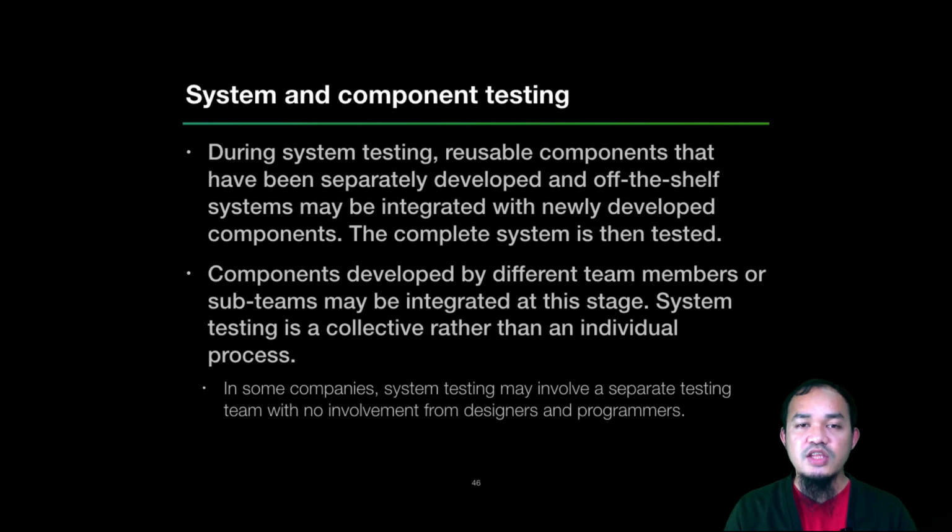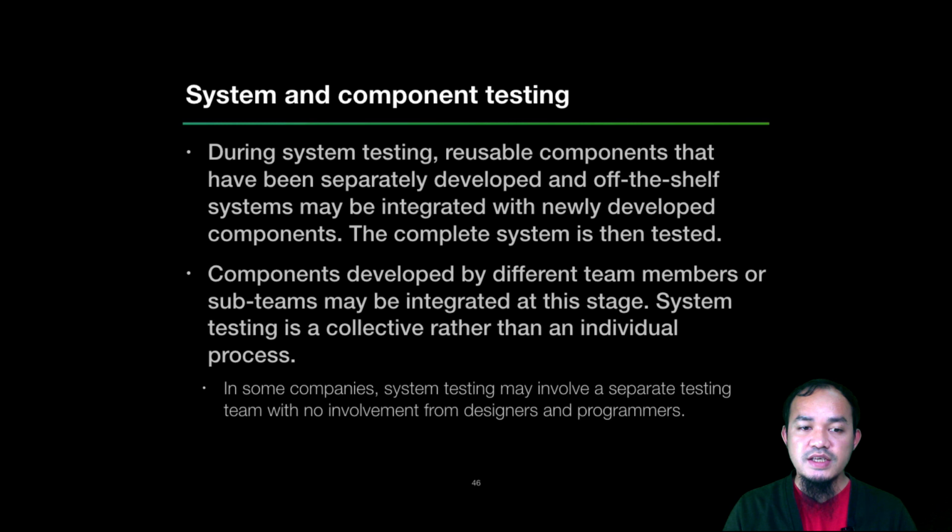There may be components you purchase from outside that we call off the shelf. So we have to make sure that those components integrate well and without any error. So we have to make tests. That's why. The components developed by different team members or sub-teams may be integrated at this stage.